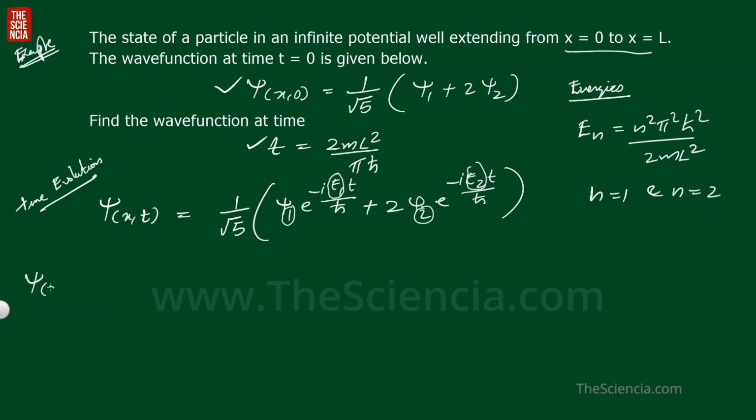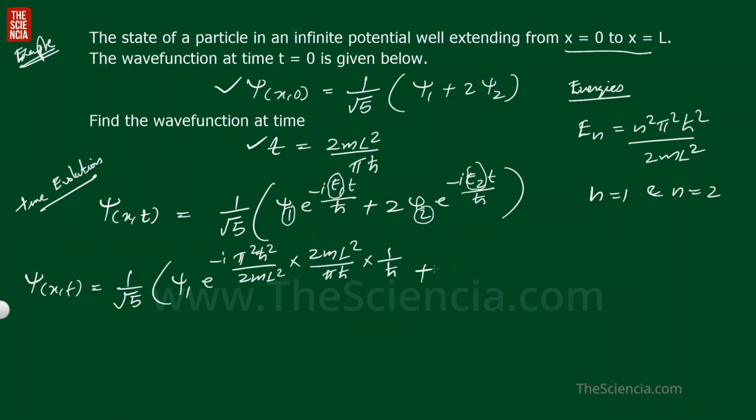That is, psi of x, t is equal to 1 by root 5 into psi 1 e raised to minus i times E1. When we substitute n in this equation, E1 is equal to pi square h cross square by 2mL square, into t, which is 2mL square by pi h cross, by h cross, that is 1 by h cross, plus the second term, 2 into psi 2 e raised to minus i into E2.